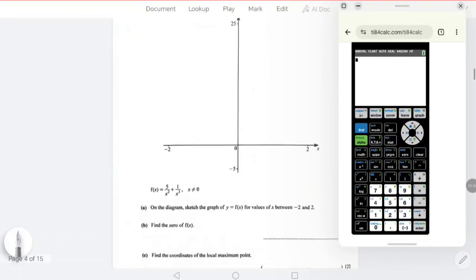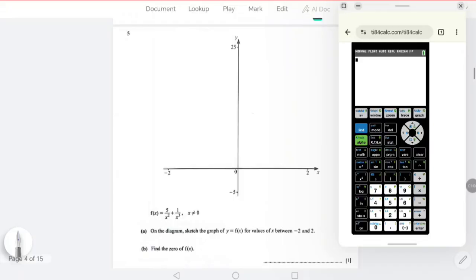So question 5. In question 5, we have this function and we need to sketch the graph. As we expected, this question appears in all paper 4s. To graph it, usually we go to y= to plot, and we write the equation there in y1.